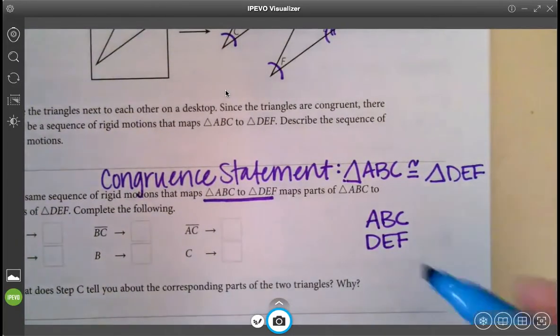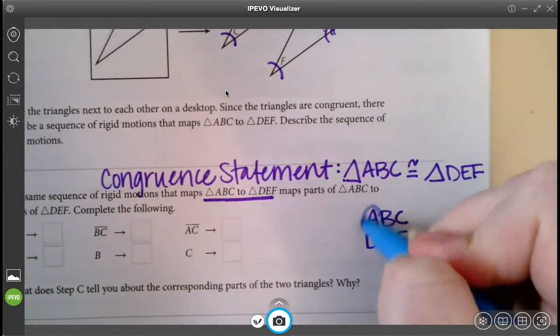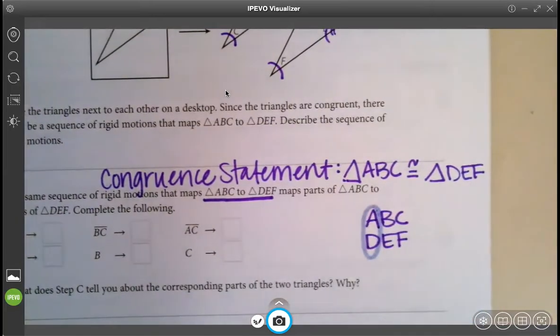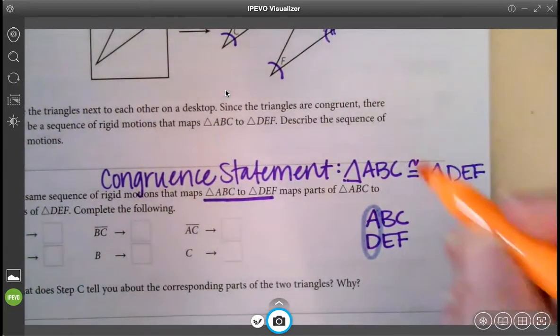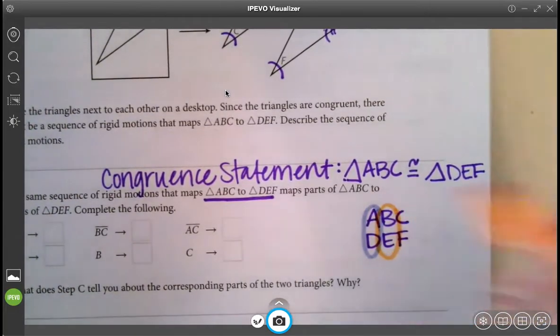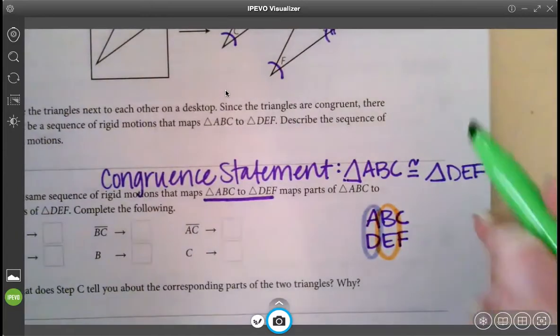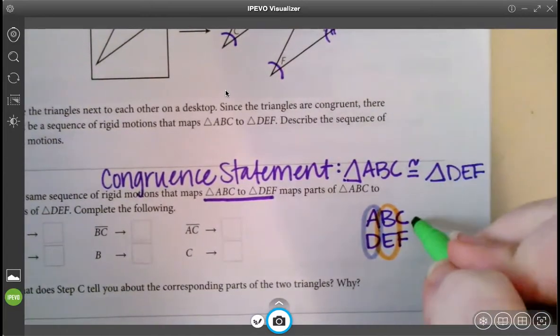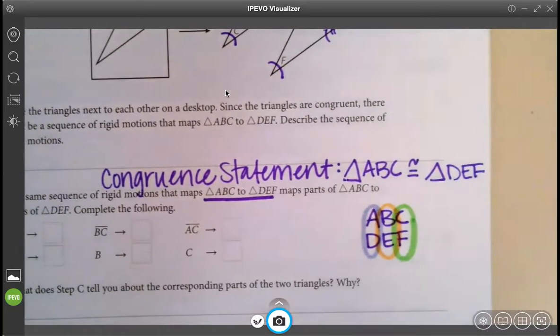So we know that corner A and corner D are going to be congruent. They're a pair because they're both in the first position. We know that E and B are going to be congruent angles because those corners are both in the middle. We know that C and F are going to be congruent because those corners are both the last ones listed.